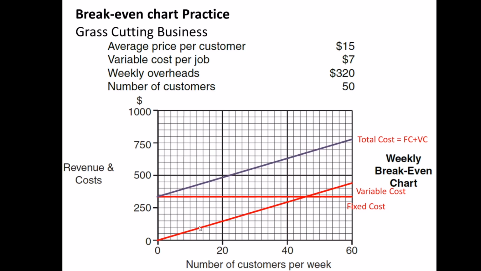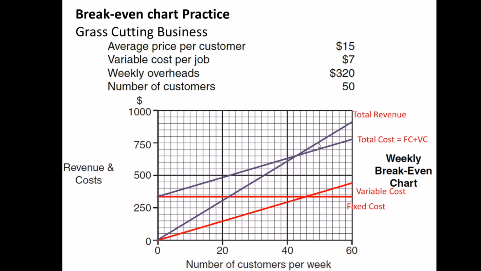750. So 15 times 50. So you'll get that point at 50, you will get 750.